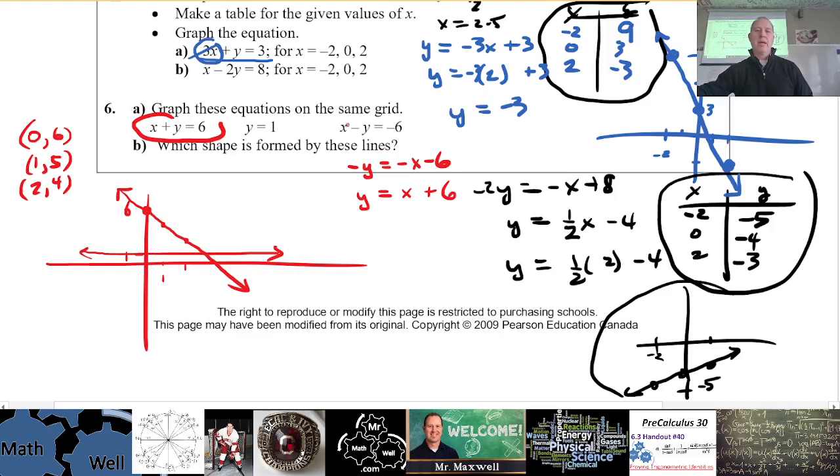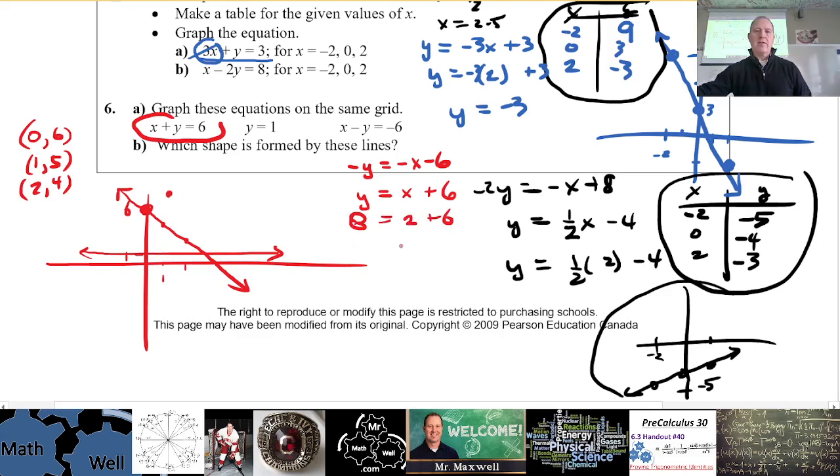Let's try that. So if we have 0, 0 plus 6 is 6. So that's the point 0, 6. Let me see, this is right here. If x equals 0, yeah, then y equals 6. Okay. And if x equals 2, then y equals 8. Right? So 2, 8 is up here.